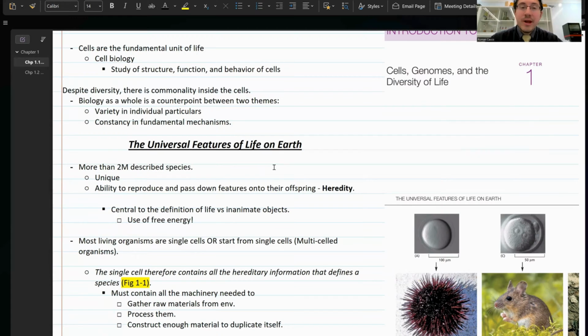That there's a lot of variety between even individual particulars, right? Individual organisms that might vary in their structure, how they behave, and so forth. But there are also some vast similarities, right? There's some constancy in the fundamental mechanisms that govern the behavior of cells, right? That we all have, right?